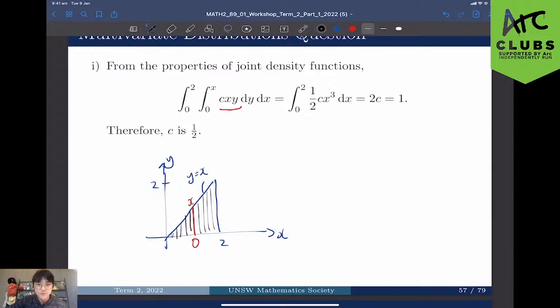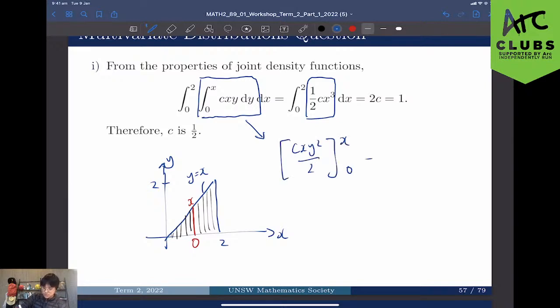Next we just have to do the integration. When we do double integrals, we just do it one integral at a time. So if we integrate cxy with respect to dy, we get cxy squared on 2.